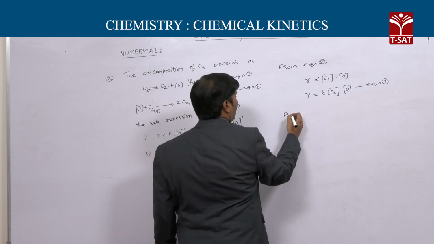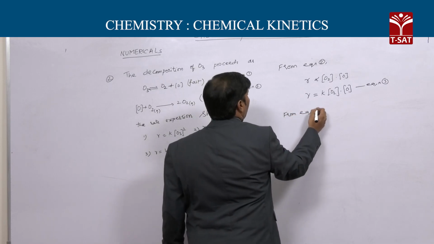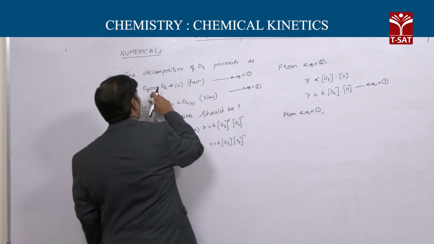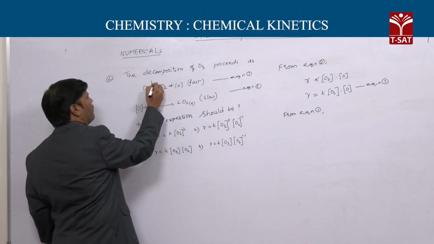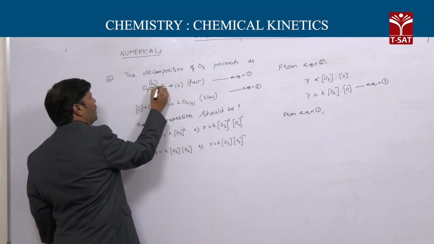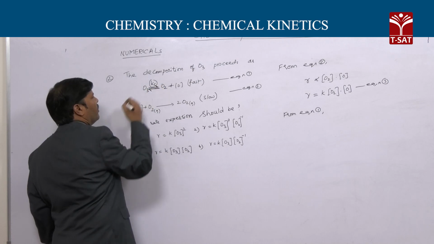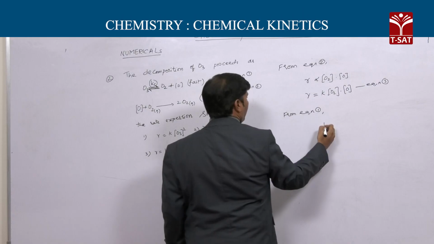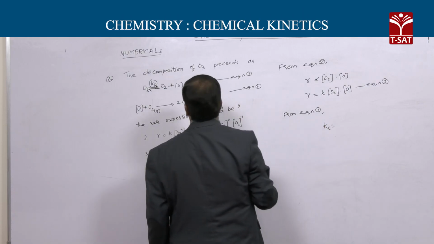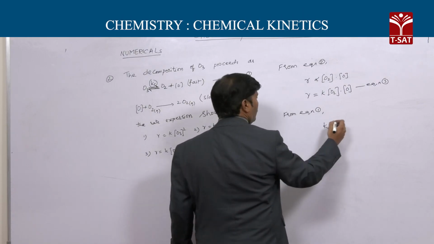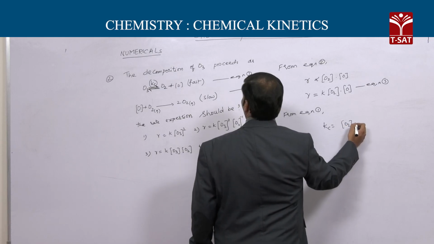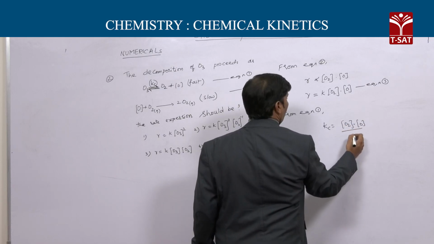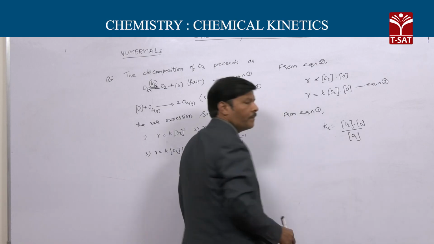From equation 1, because it is a reversible reaction, be careful, we can apply the equilibrium constant for this reversible reaction. When you are applying the equilibrium constant, Kc is equal to concentration of O2 into concentration of nascent oxygen divided by concentration of O3.